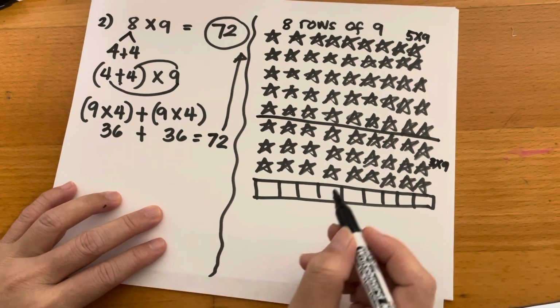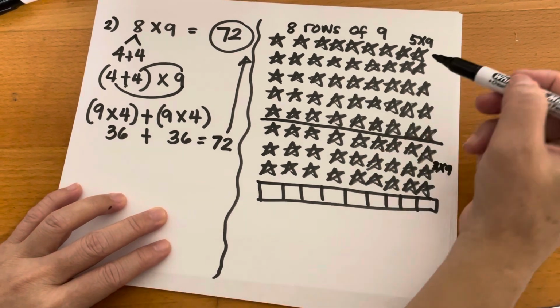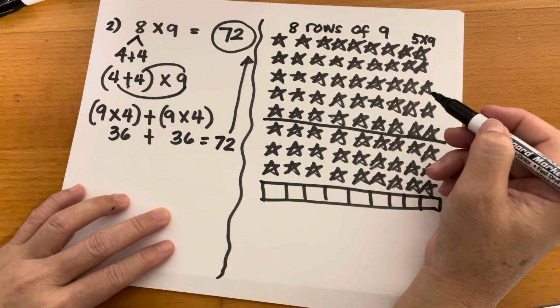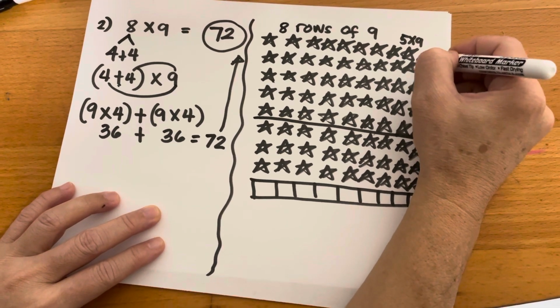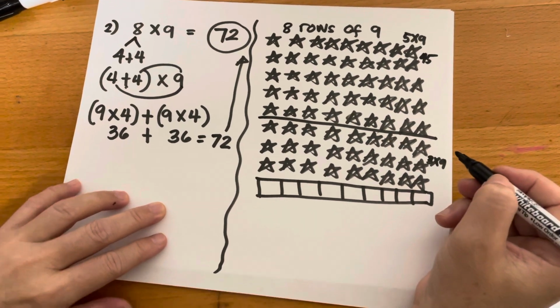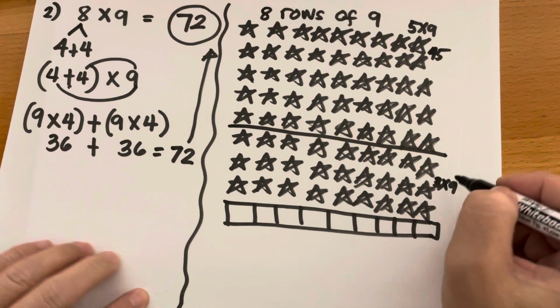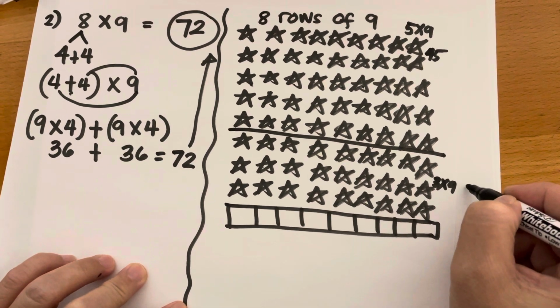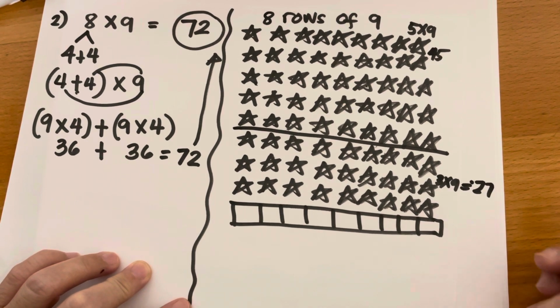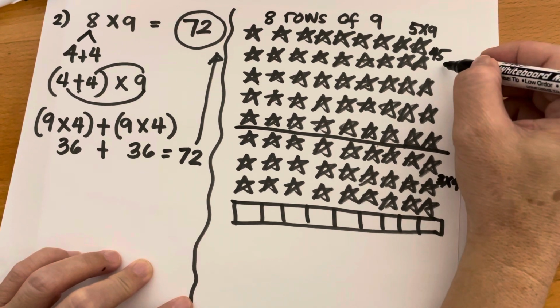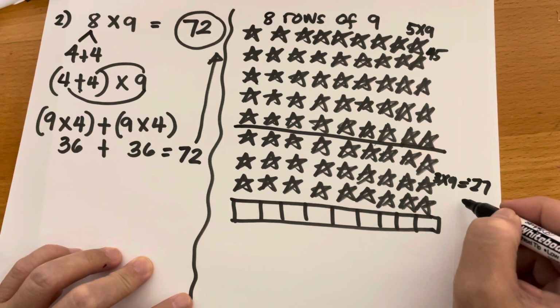So what is 5 times 9? Very good. It's 45. And what is 3 times 9? 27.